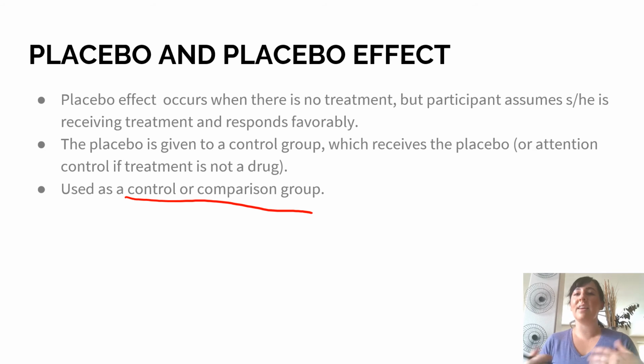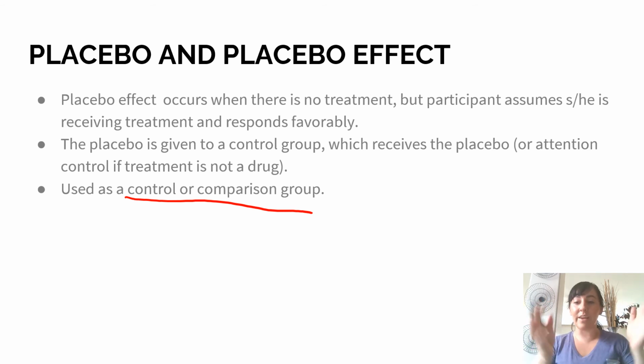They don't get the treatment, whether it's a pill, or maybe they're told to do a certain exercise, whatever the treatment is, whatever you're trying to manipulate in the experiment, that group is not going to get it.